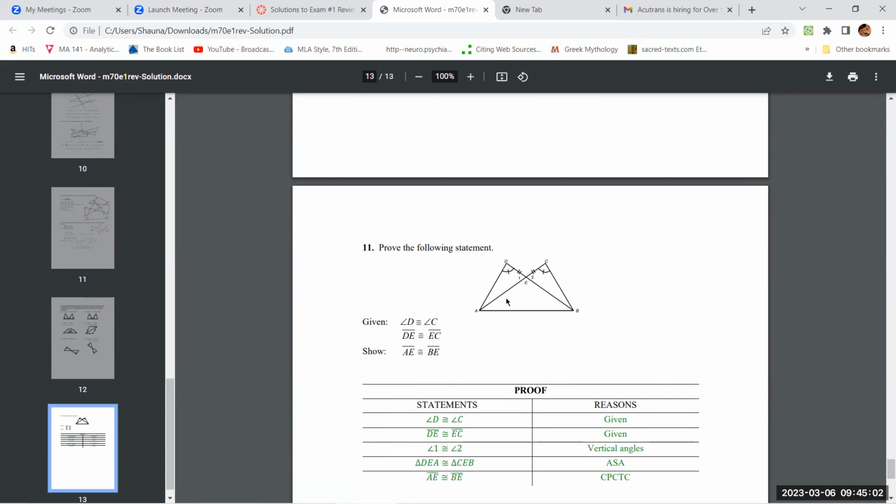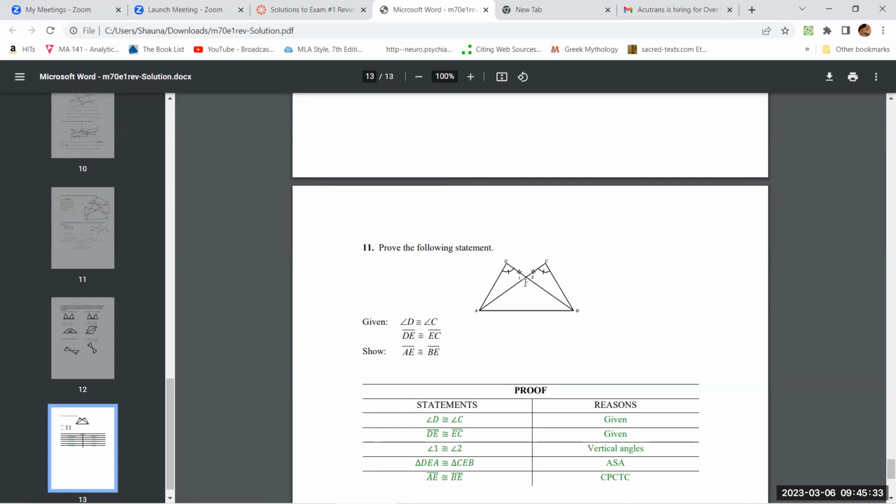Show that AE, this piece here, is congruent to BE here. So what she does is she shows that angle 1 is congruent to angle 2. First of all, and that's vertical angles. These angles are vertical. They share a vertex at E.